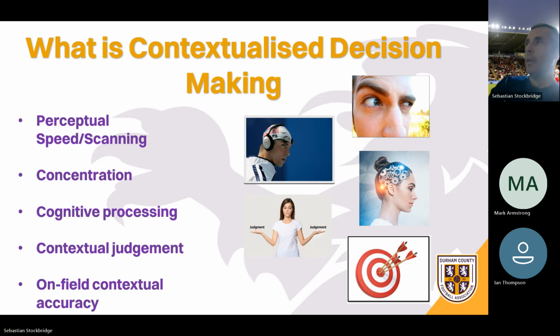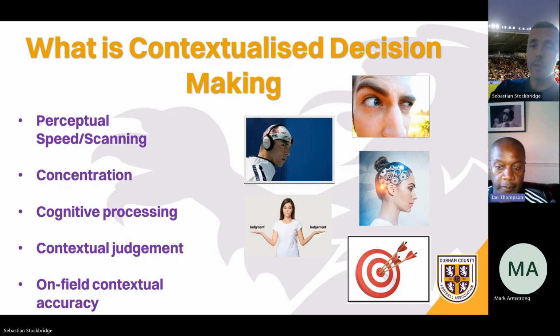So, in that moment, there's no proof to say it has or hasn't crossed the line. So the referee's got that judgment to make. Score lines 4-0, 5-0, whatever it may be. Who's it going to benefit?